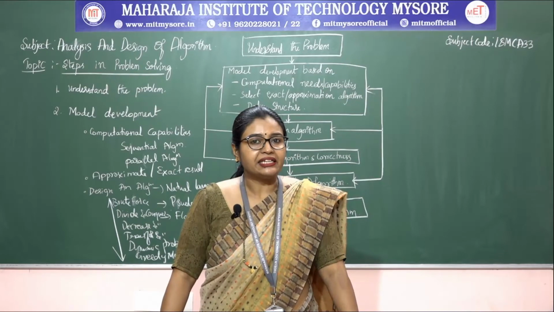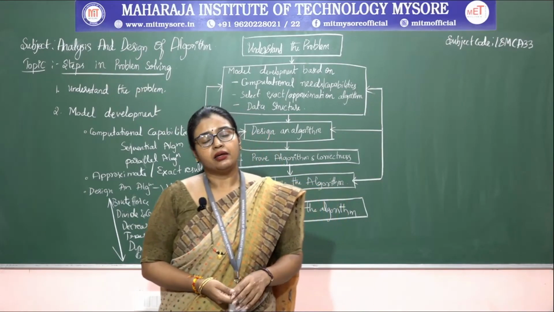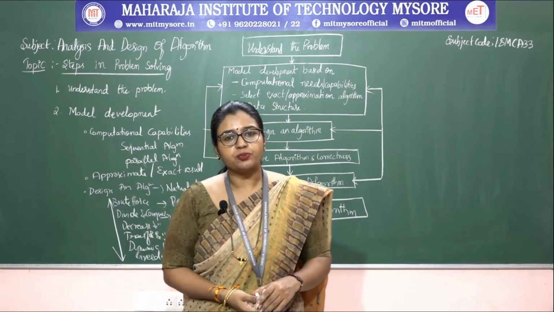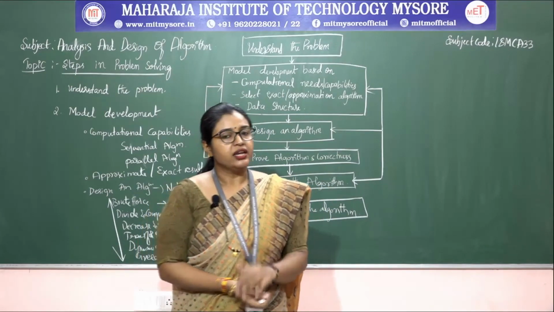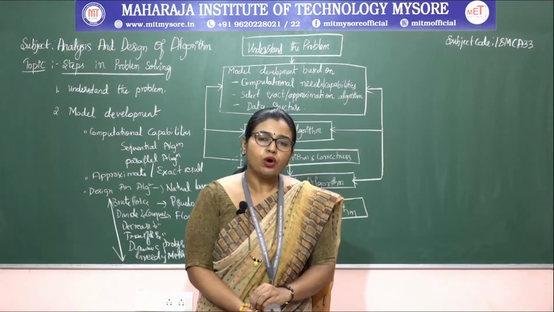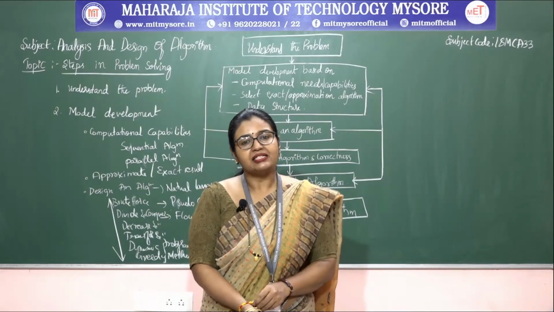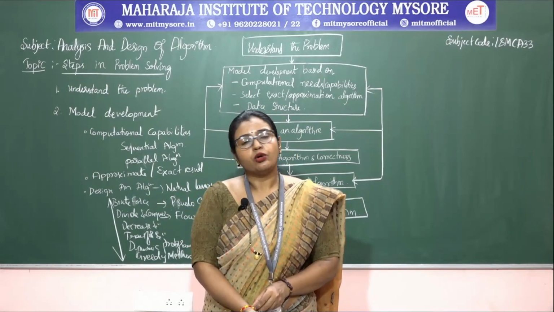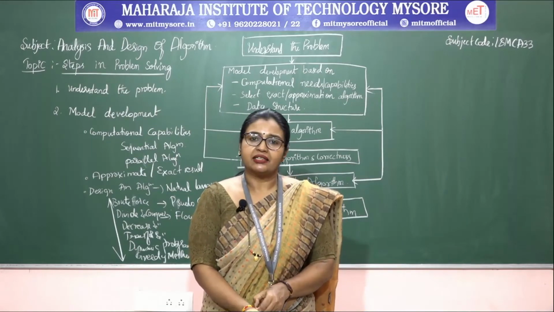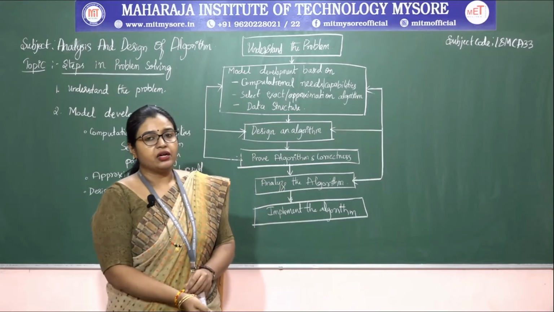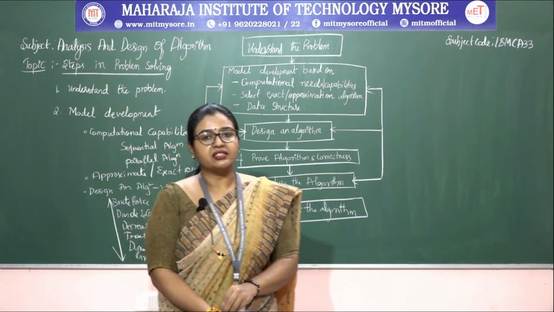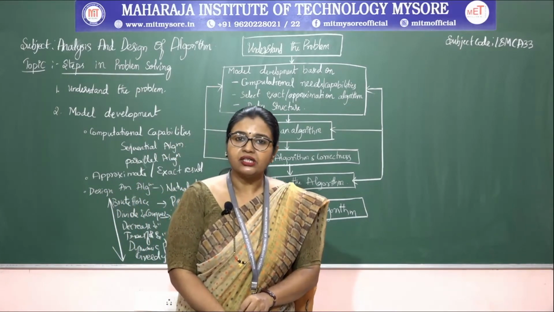If you are analyzing the algorithm based on the space, it is called space complexity. In the coming sessions we will discuss more on how to analyze the algorithm and the various steps for analyzing it. Here we are doing the algorithm analysis based on time only, not on space.